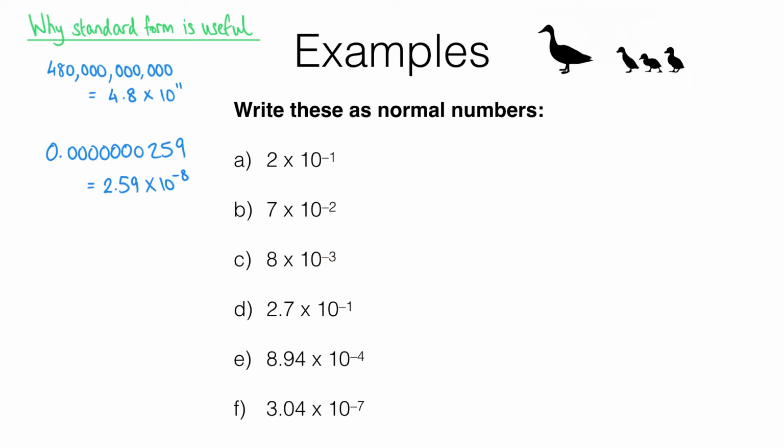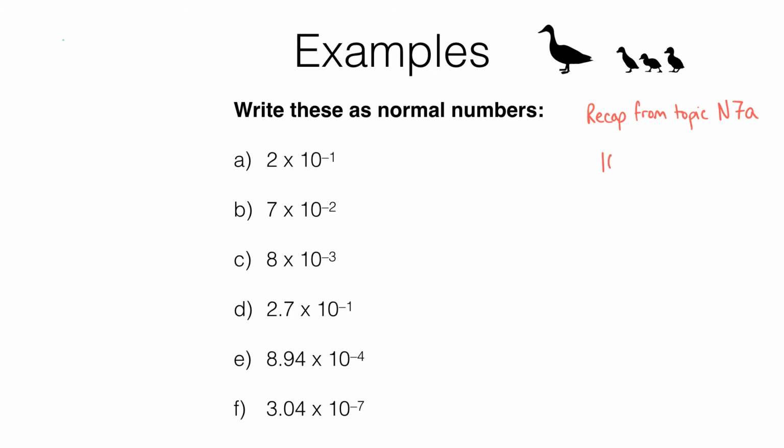Before continuing with this video, you should also be comfortable with your negative indices. In particular, you need to be comfortable with the idea that 10 to the power of -1 is the same as 1 over 10, which is the same as 0.1. Similarly, you should be comfortable with the idea that 10 to the power of -2 is 1 over 100, so 100th, which I can write as 0.01.